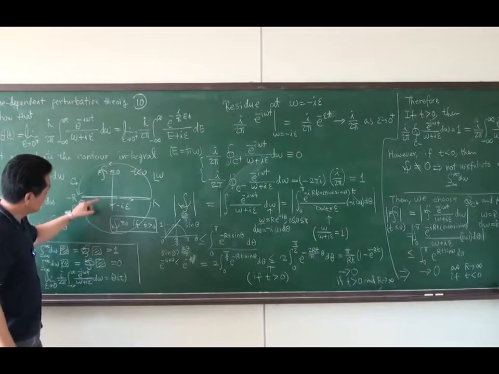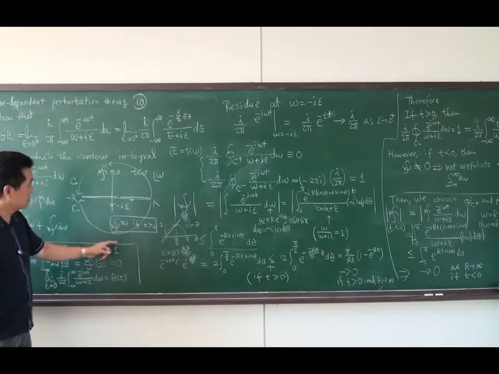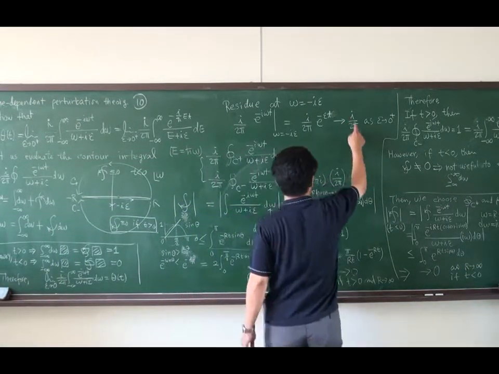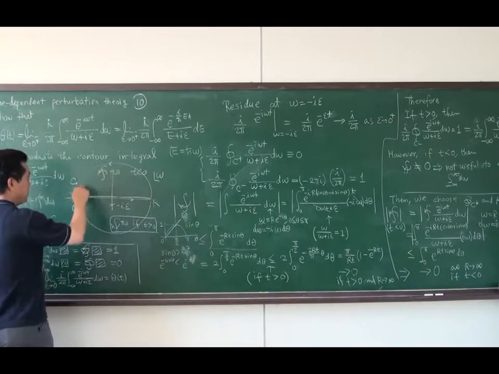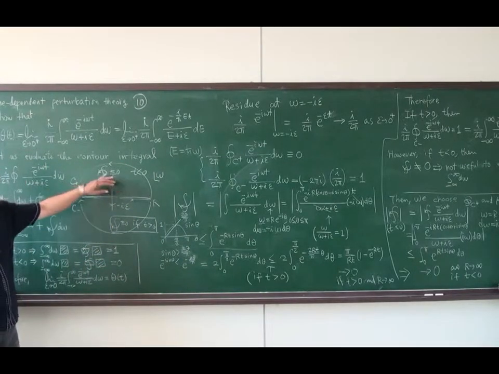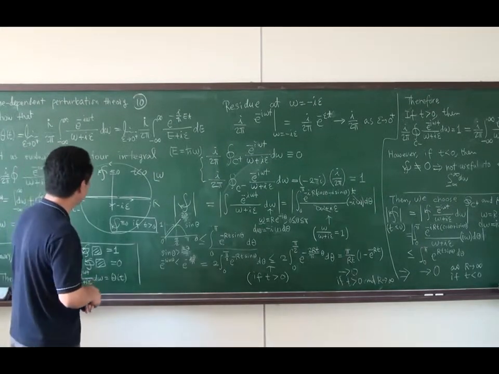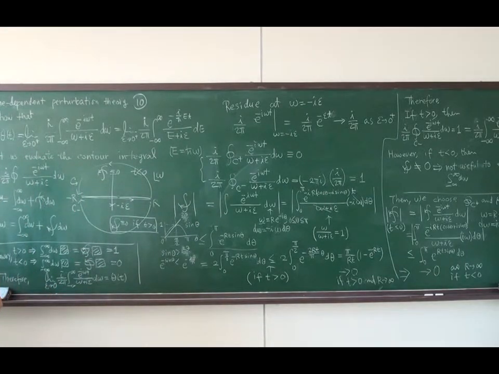Therefore, if we close this contour on the lower half plane, the integral has a residue of i over 2 pi. If I close this contour on the upper half plane, there is no residue at all inside the contour, so the contour integral vanishes. That is independent of the value of t. Whether it is positive or negative, those contour integrals are well defined.